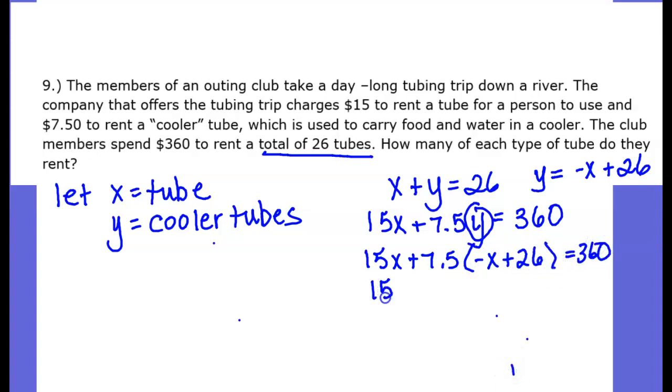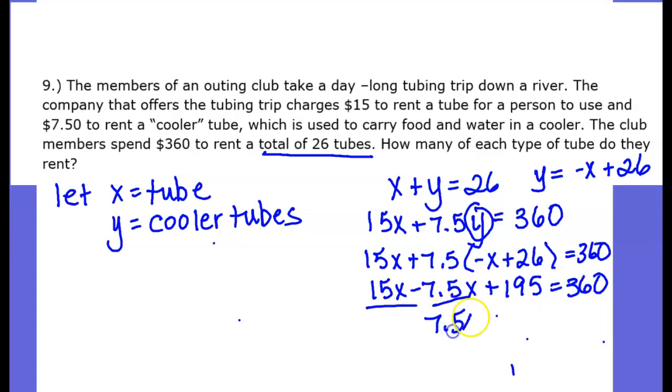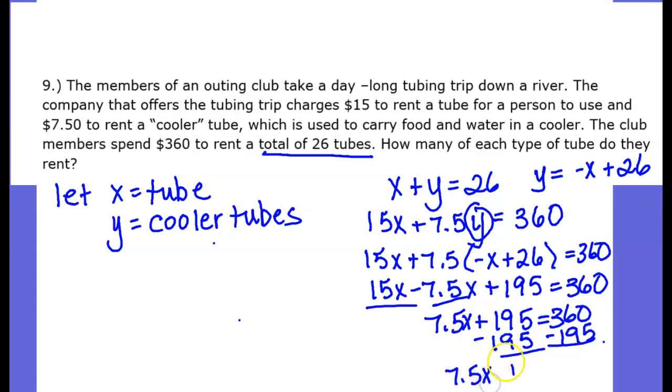We're going to distribute: 15x minus 7.5x, plus 195 is going to be equal to 360. We're going to combine our like terms. 7.5x plus 195 is equal to 360. We're going to subtract the 195 from both sides. Our 7.5x is going to be equal to 165.